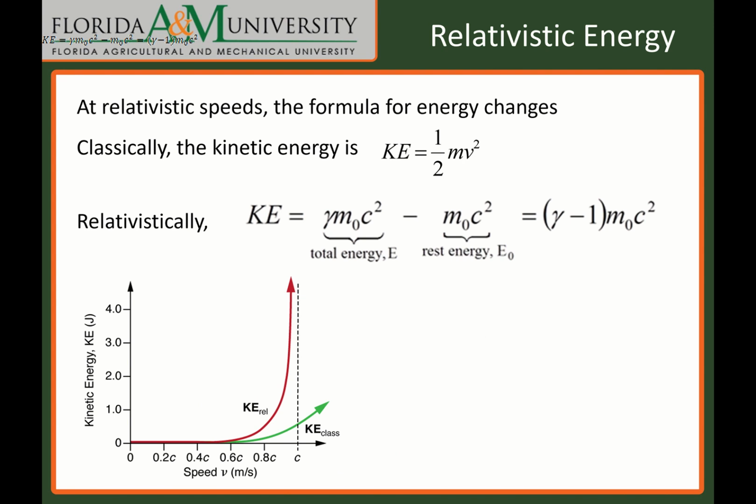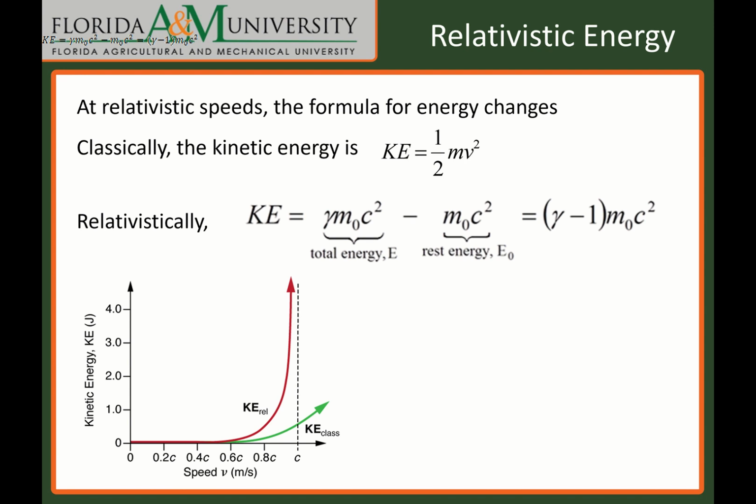The formula for energy also changes. Remember, classically, kinetic energy of something moving was just 1/2 mv squared. Relativistically, we have a more complicated equation, and it's the total energy, which is gamma m0 c squared, minus the rest energy is equal to the kinetic energy.